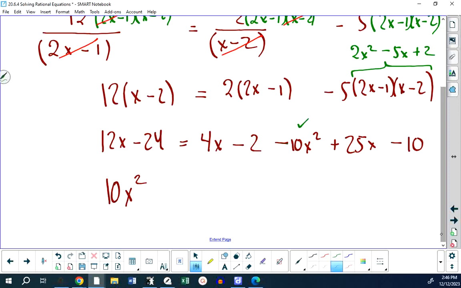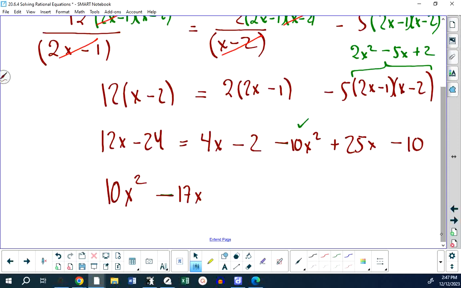What do I have? I have 4x plus 25x is 29x. So I have to take 12x minus 29x. I'm not really hopeful on the factoring thing happening here. Not with a number like 10 in front of the x squared and then negative 17, but who knows?